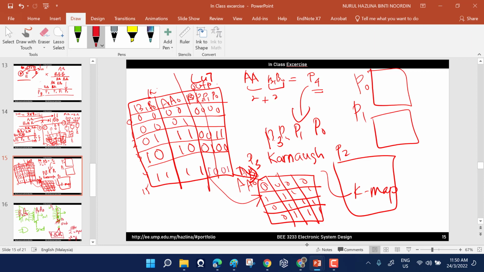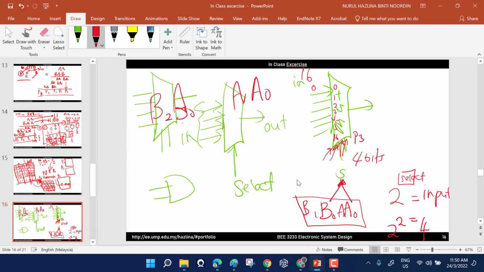So for P earlier, if 3 multiplied by 3 is equal to 9 and P3 is 1, then at the multiplexer of 16 that we have here, you can put here as 1. So here there will be combinations. If this one is 0, 0, 0, 1, 0 multiplied by 1, so this should be 1.